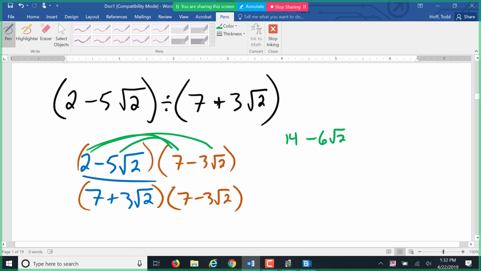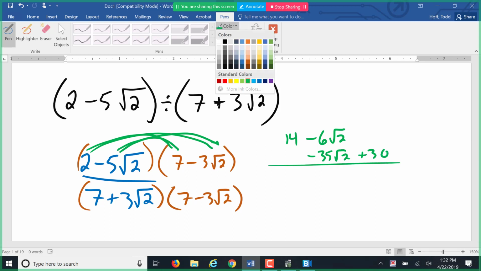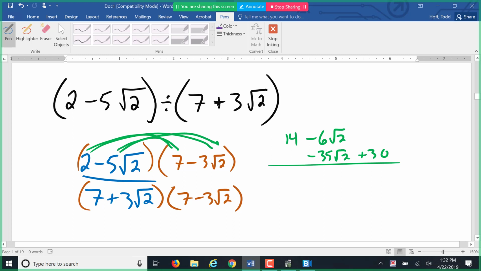Negative 5 root 2 times 7 is a negative 35 root 2. Negative 5 root 2 times negative 3 root 2 is a positive 30. Giving us a numerator of 44 minus 41 root 2.